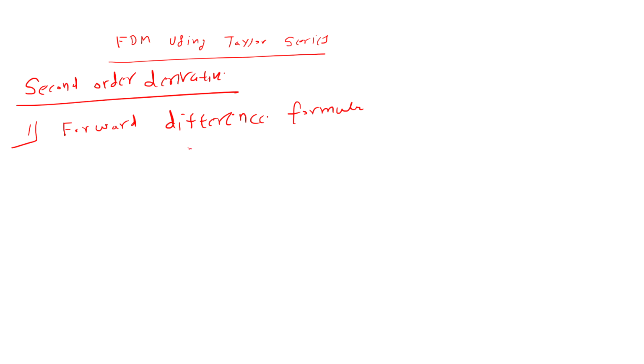So I have this point xi, I have this xi plus 1, I have this xi plus 2. So if we are calculating the second order derivative, then we need 3 points. We can use more points as well if we want to enhance the accuracy. I'll tell you what the order of error is, and if you use more points, then what will be the order of error.